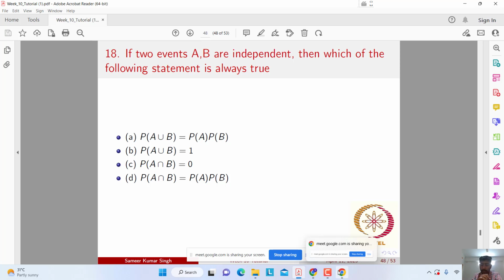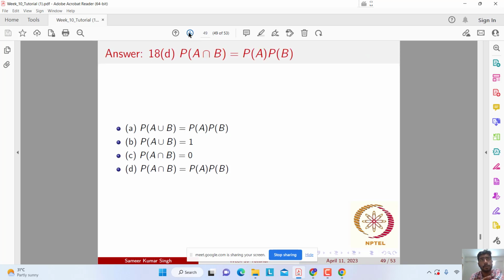I think the failure of the gates is a better explanation, because you are saying the red ball, but whenever we are picking the second red ball, it depends on the previous one somehow. So for question number 18, the answer would be D.